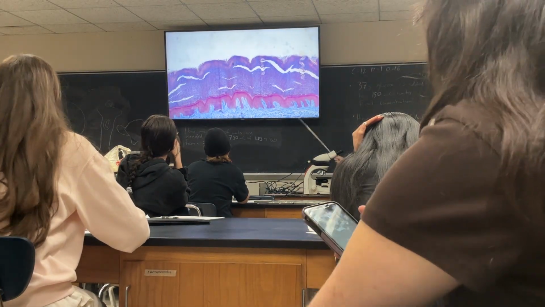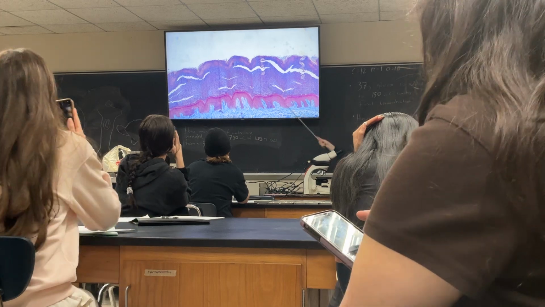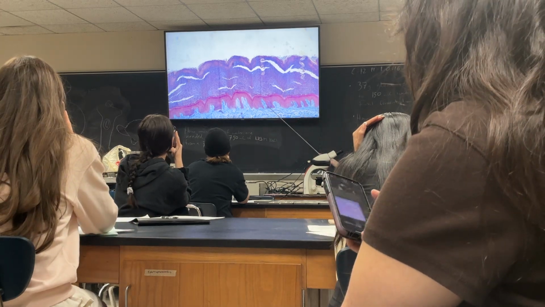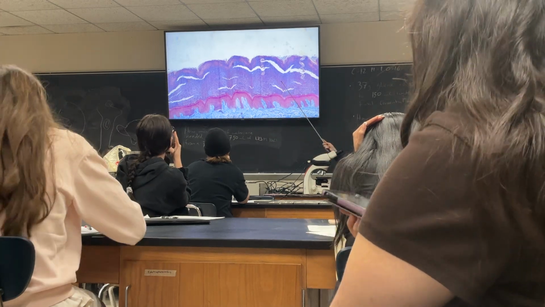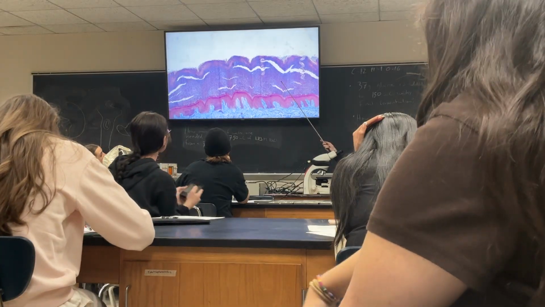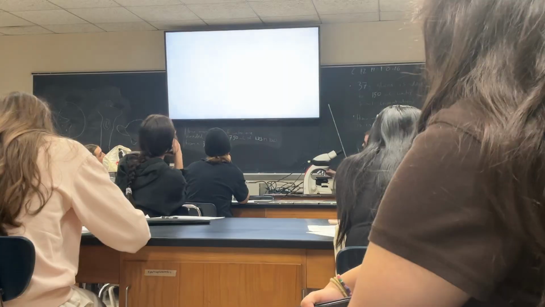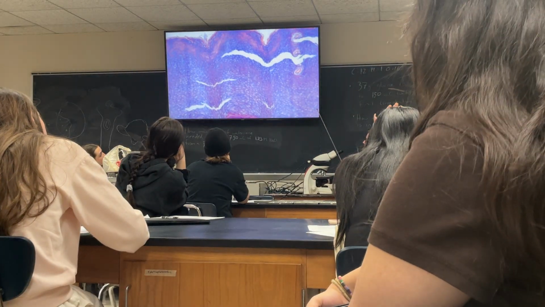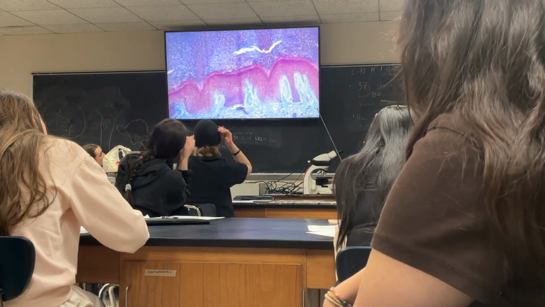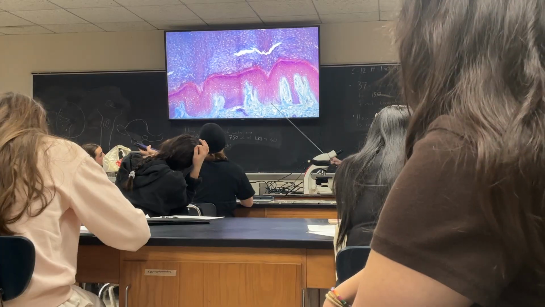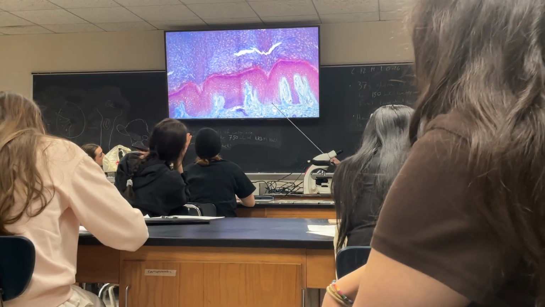What type of tissue is this? This is my lowest rank tissue. It's a little bit more zoomed in. From here to the top of the screen is all the same tissue.